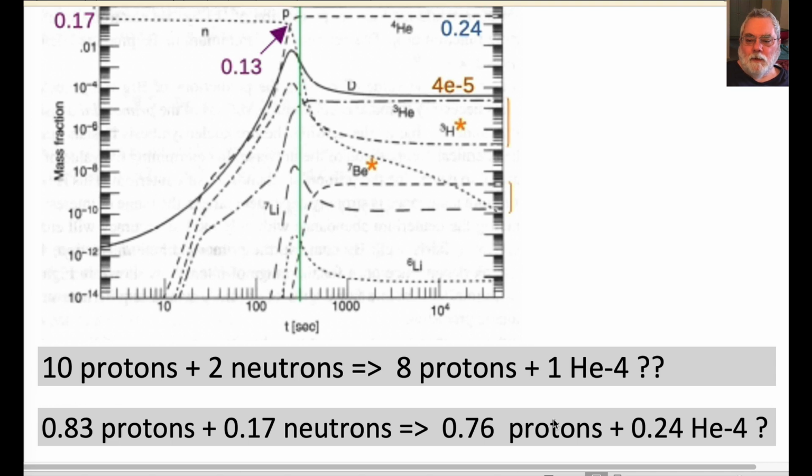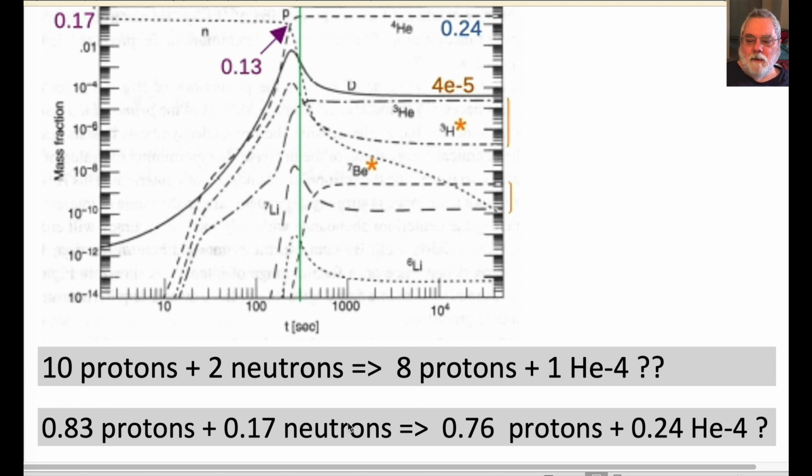Since the helium-4 contains 2 protons and 2 neutrons, the right-hand side has more total protons and fewer total neutrons than the left-hand side. Each free neutron decays to a proton, an electron, and an electron antineutrino with a half-life of 10 minutes.